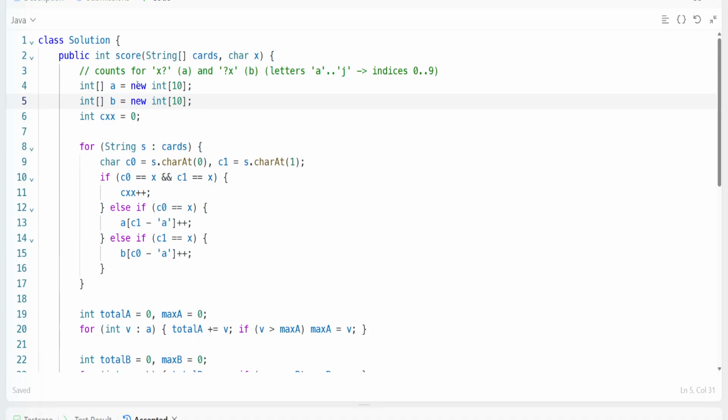Let's understand how to implement this problem. First, try to understand what compatibility means here.